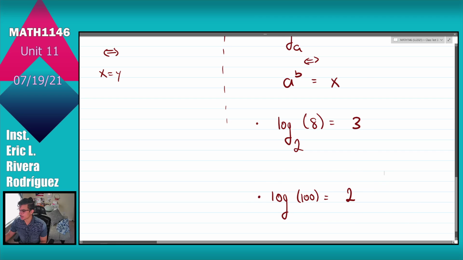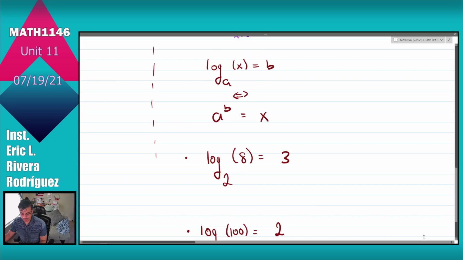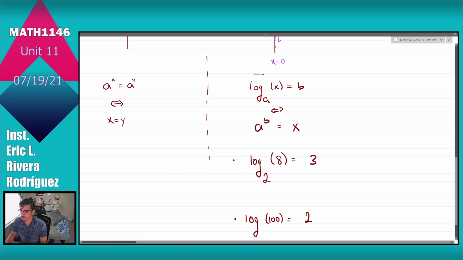All right. So let's see how we can use the property here to understand these values. If I take 2 raised to the power of 3, what is the value of that?